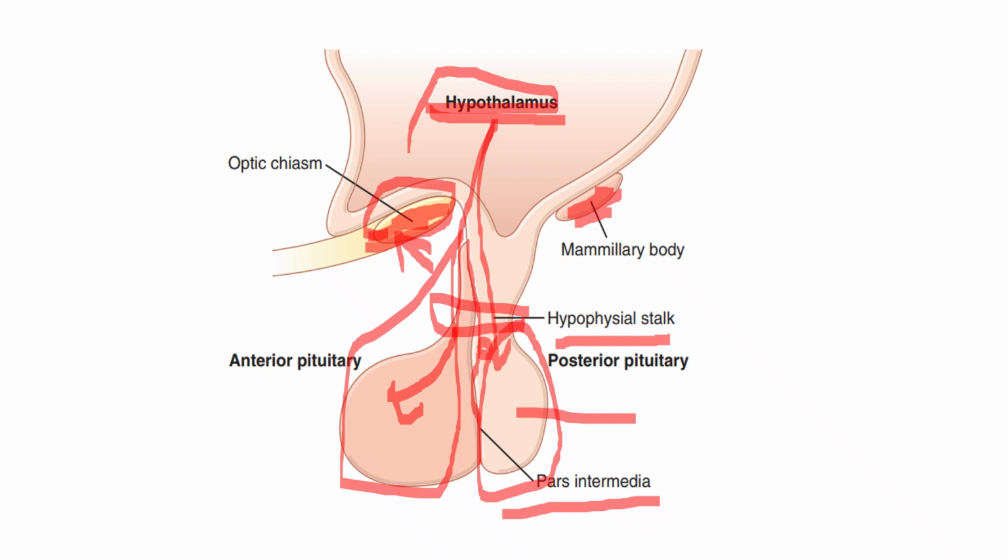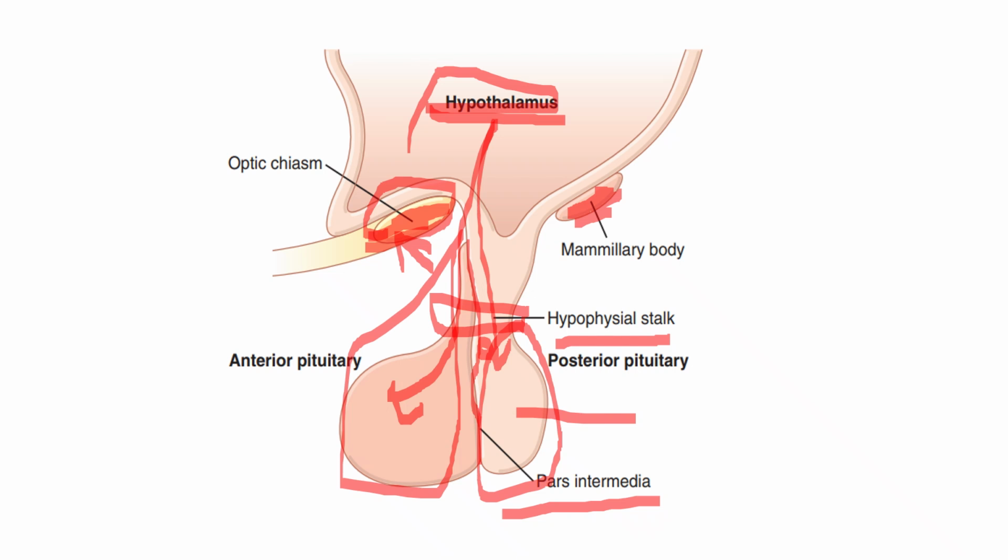To summarize, the anterior pituitary has a glandular origin and an endocrine function, while the posterior pituitary has a neural origin and a neurosecretory function.